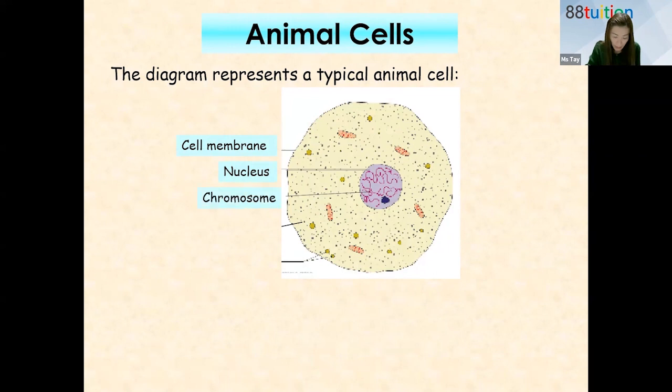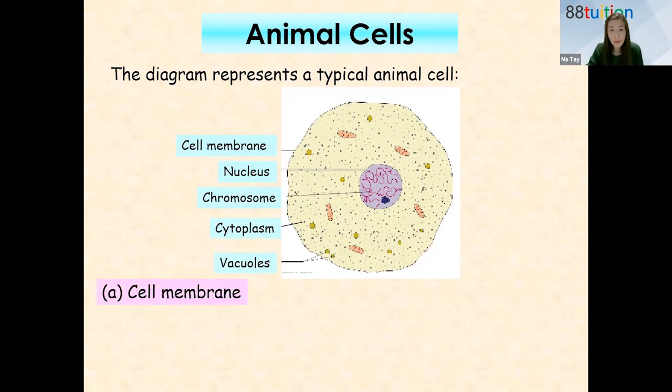These are the chromosomes. Then you have cytoplasm, which you are familiar with as well. There are many small vacuoles. Some schools or some teachers might pronounce it differently. It's fine, we are not testing you on pronunciation. So I call it vacuoles.